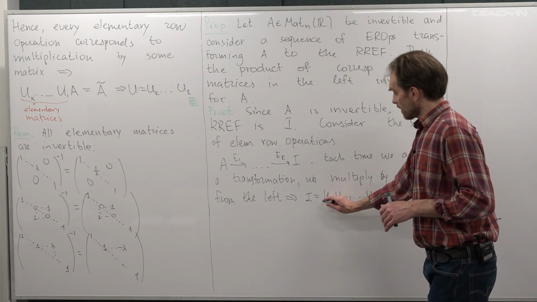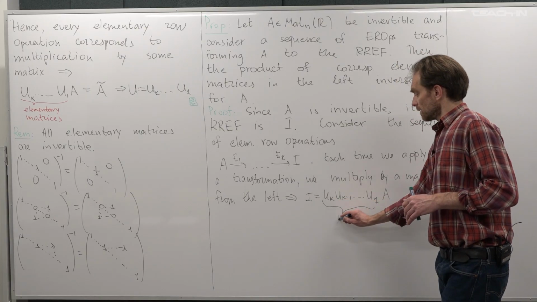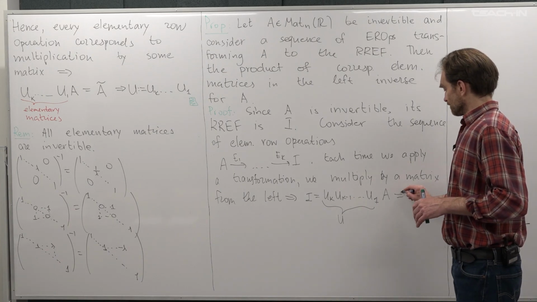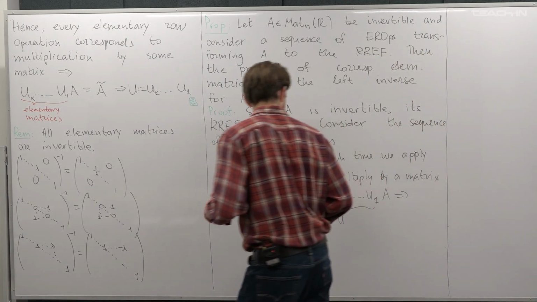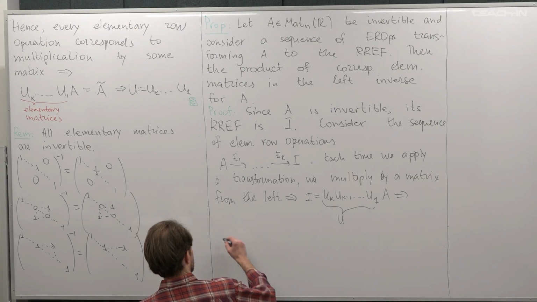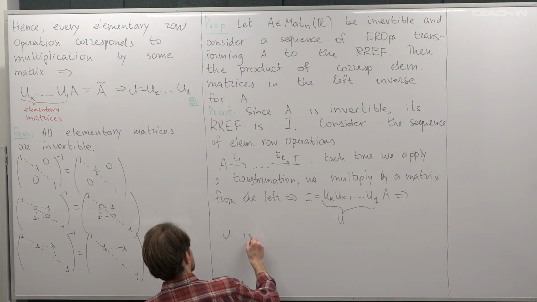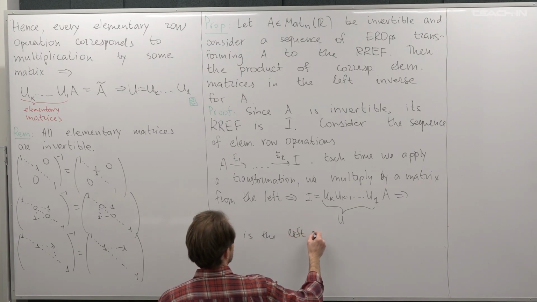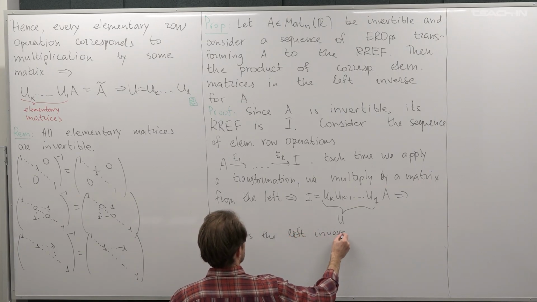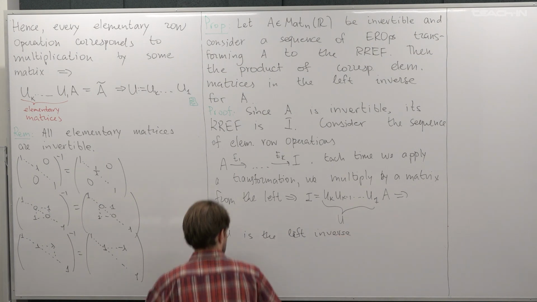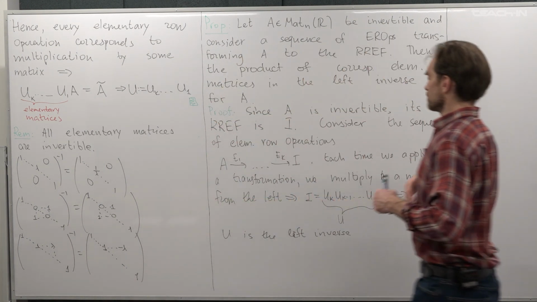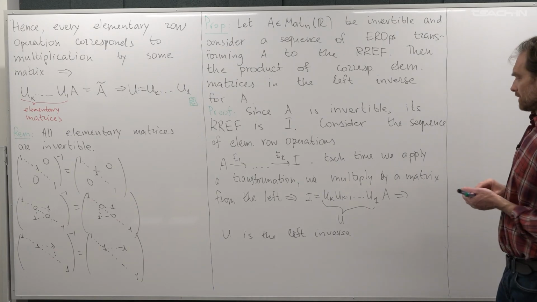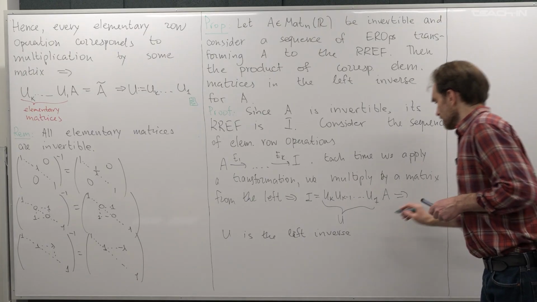So the product of these matrices, I'm going to denote it by U. Again, the product of these matrices gives exactly the left inverse. Or, to be more precise, one of the left inverses, just because we did not prove yet that the left inverse is uniquely defined.